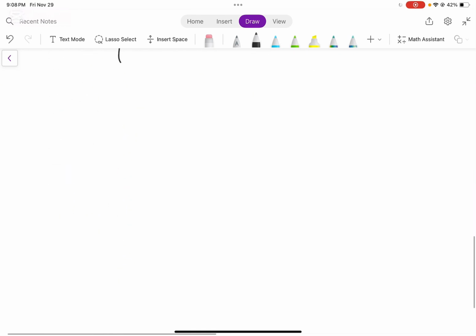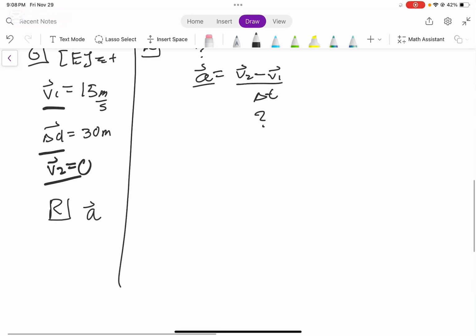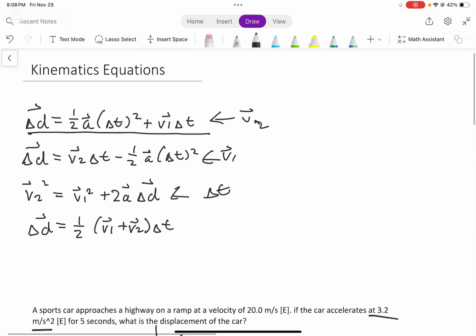Well, let's look at what equation we have that may be able to help us. So let's look at what we have. We have a V2, okay. We have a delta D and a V1. So this has V2, V1, and delta D, but it has a delta T, and we don't have time. This one up here doesn't have V2, so we probably shouldn't use that. We should use whatever's in our given.